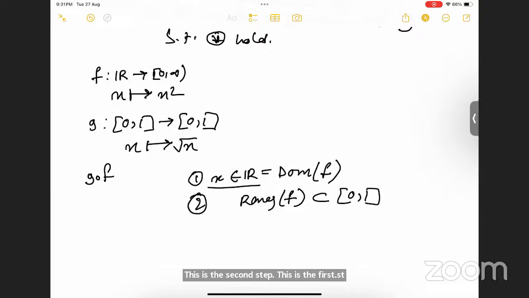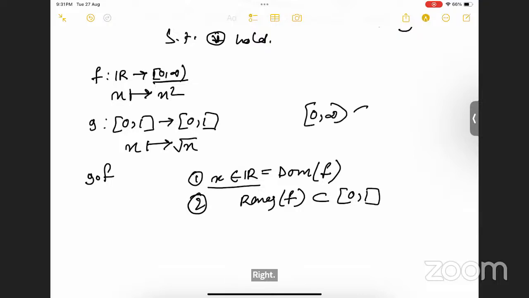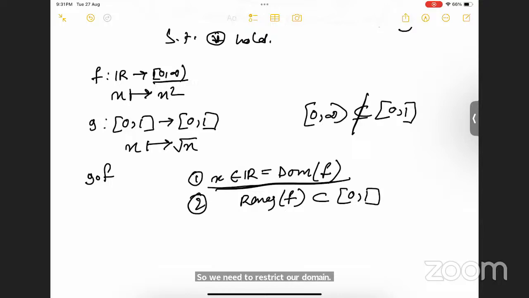So what is the range of f? Range of f is [0, infinity), right? So clearly this is not a subset of [0, 1]. We need to restrict our domain in such a way that this becomes a subset of [0, 1]. So we can restrict the domain to [-1, 1].